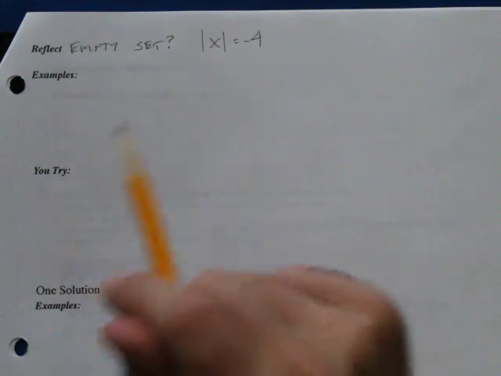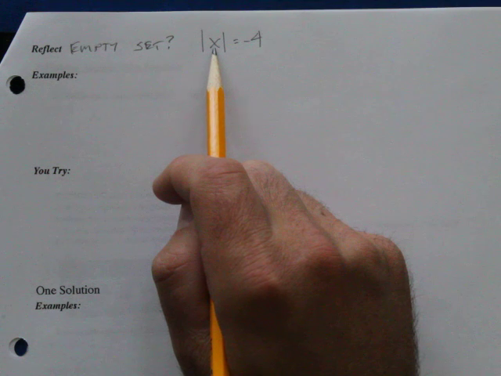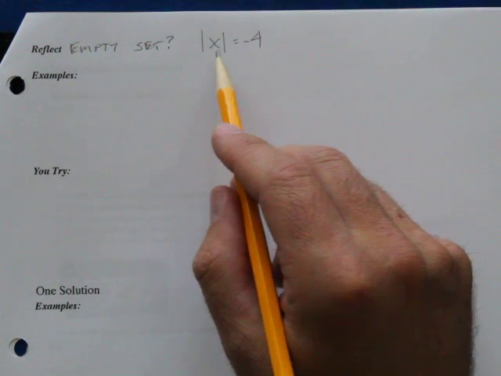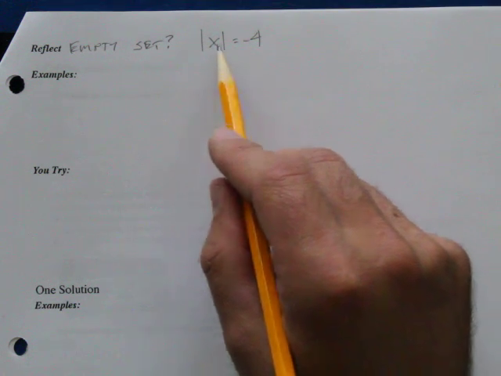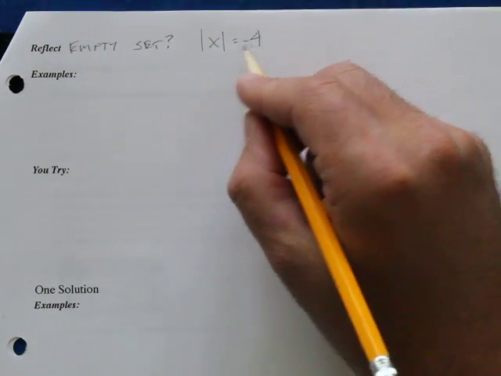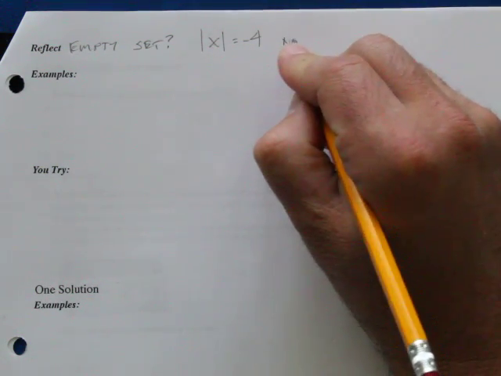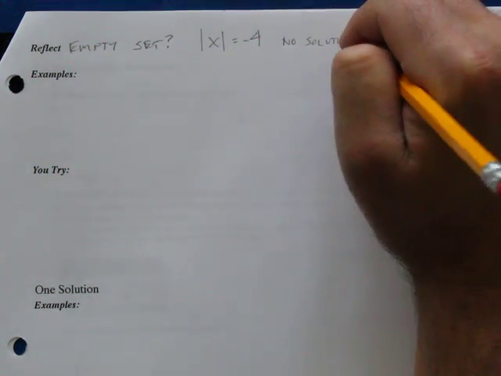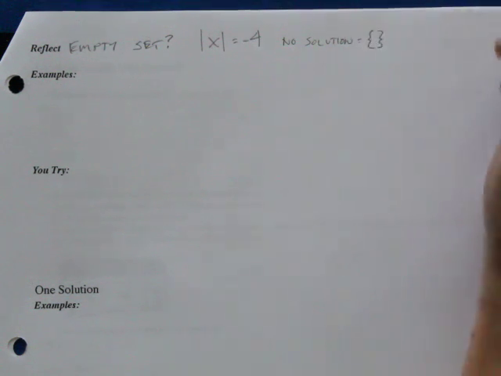Think about it. Nothing. There's nothing you can put in for x to equal -4 because whenever you take the absolute value of something, it's going to be positive. The distance from 0 to that number is going to be positive, whether that number is negative or positive. So in this kind of situation where you have the absolute value of something equals a negative number, no solution, an empty set.